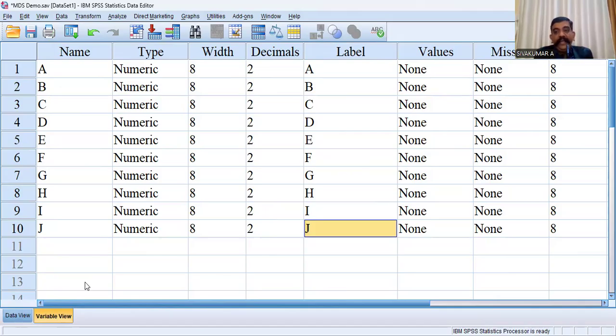With the help of multi-dimensional scaling, you can assess the similarities and dissimilarities among the objects. The output is usually two-dimensional or three-dimensional. It is a map or graph.